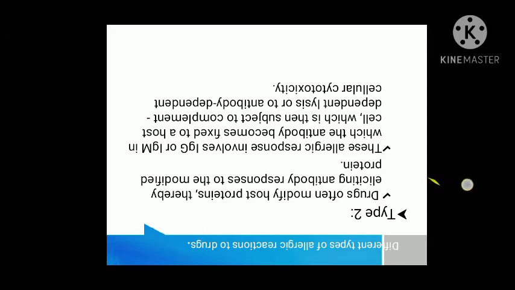In type 2, the allergic response involves immunoglobulin G or immunoglobulin M. Immunoglobulin G has a gamma heavy chain, and its structure is a monomer only, like immunoglobulin E. Its functions are the ability to traverse the blood vessels to tissues, pass through the placenta to the fetus, and it is important in the secondary response.